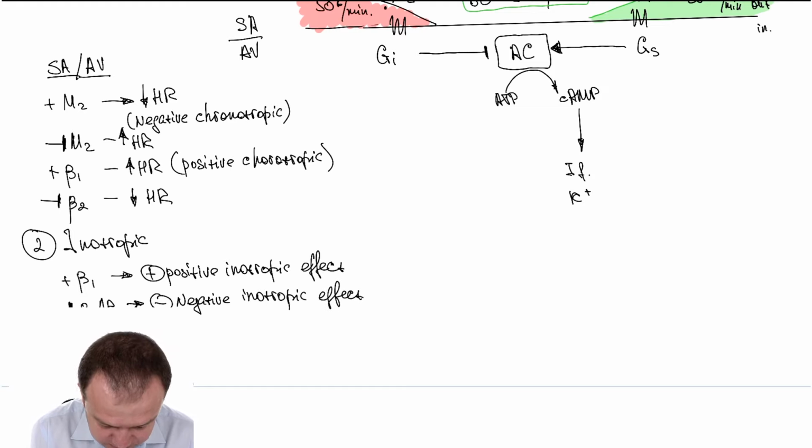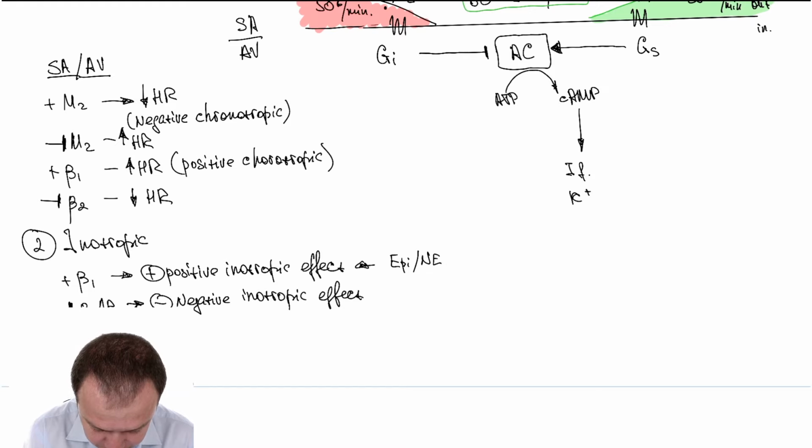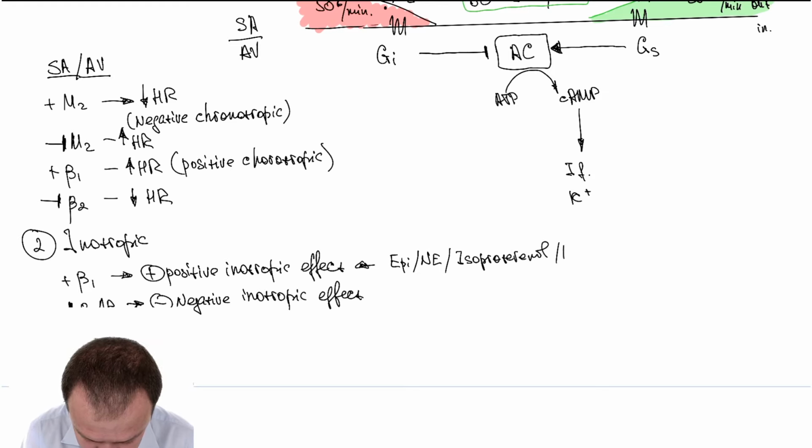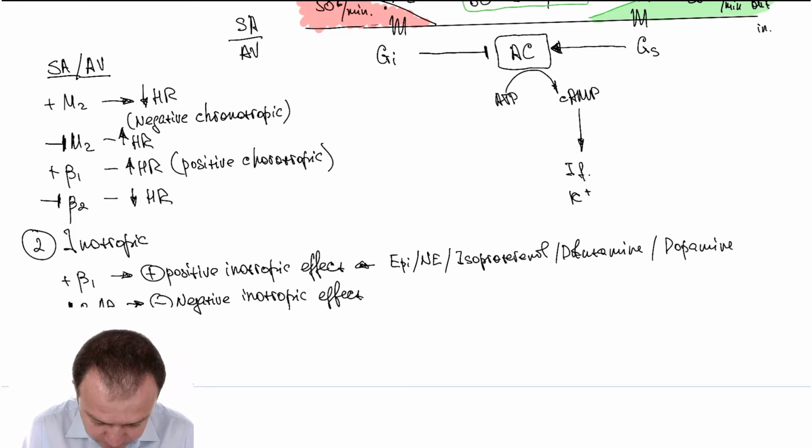What kind of medications cause positive inotropic effect? We should think, of course, of epinephrine, norepinephrine, isoproterenol, dobutamine, dopamine, etc. Negative inotropic effect: beta blockers.